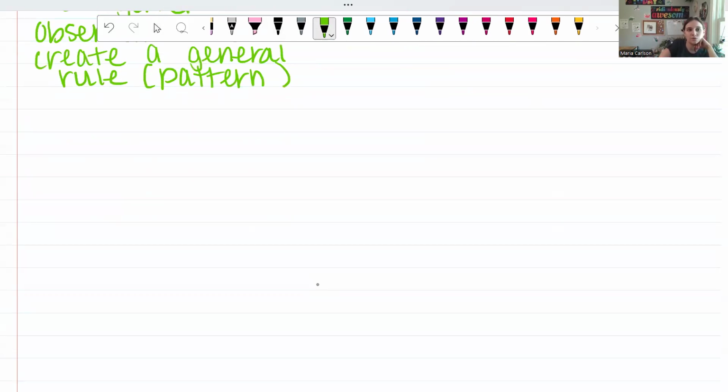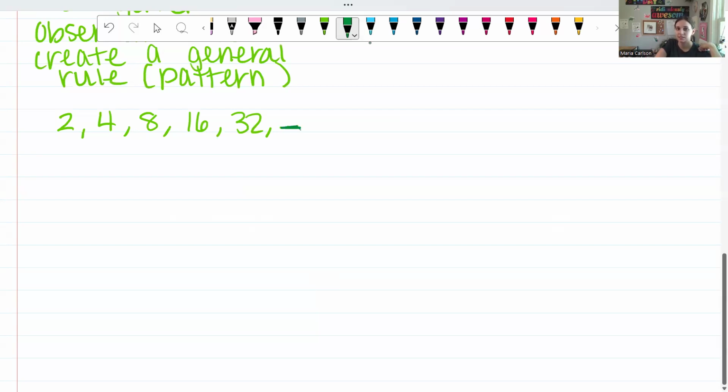If I have the sequence 2, 4, 8, 16, 32, and so on, we could find the next number in this pattern by observing what happened earlier on. So we had 2 and then 4.